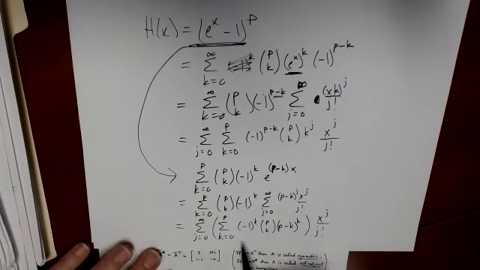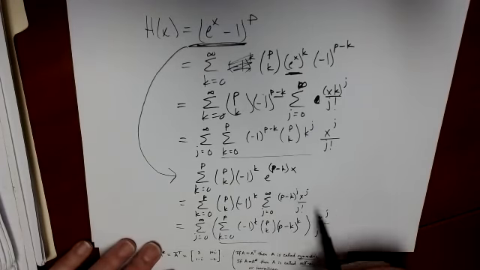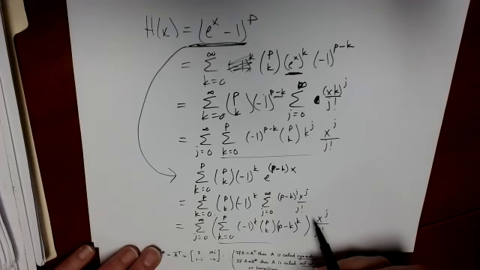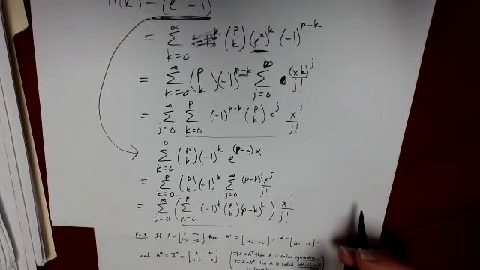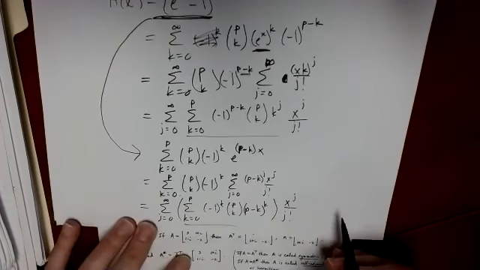And I know that doesn't look much better than what I had up there, except when you realize that this is almost Stirling's formula for the Stirling numbers of the first kind.